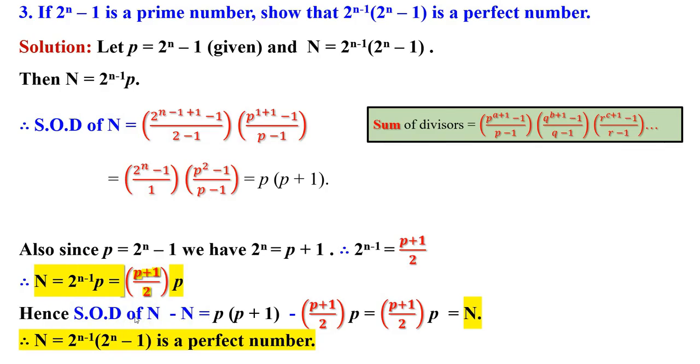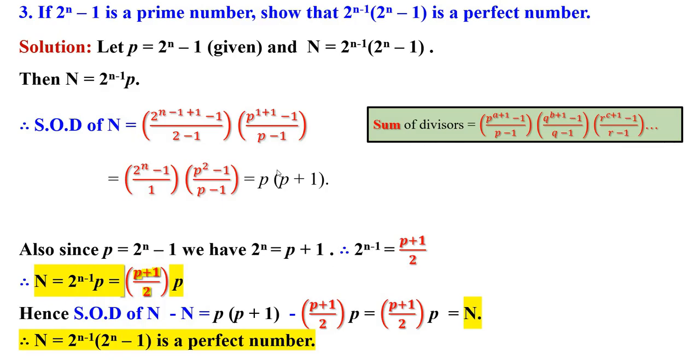So the sum of the divisors is already p into p plus 1, and here minus n is this. So that in turn gives p into p plus 1 by 2. But p into p plus 1 by 2 is nothing but our n itself.